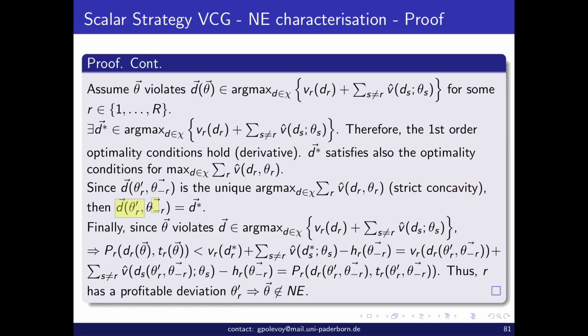It means that the d which is chosen when player r deviates to theta prime r is exactly the same as d star. So the others do what they used to do. Player r deviates to theta prime r. The d which is chosen is exactly d star.